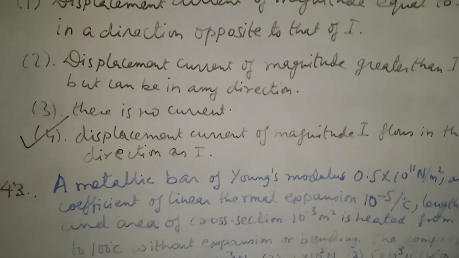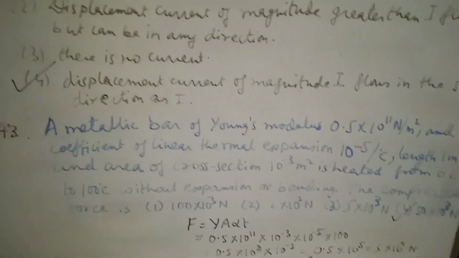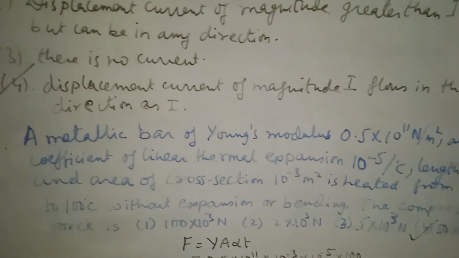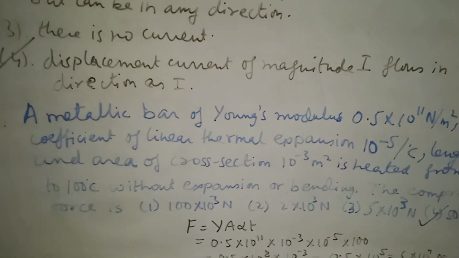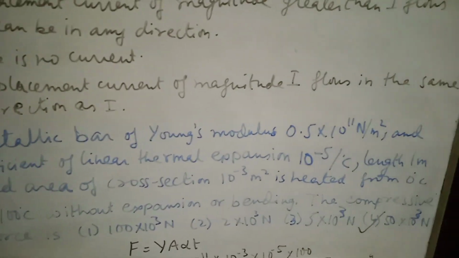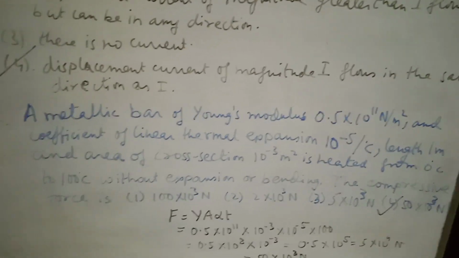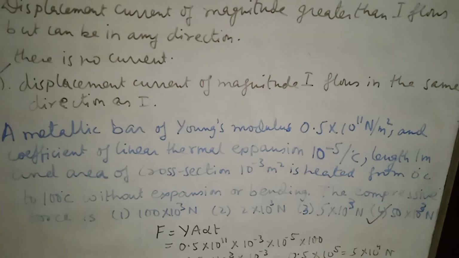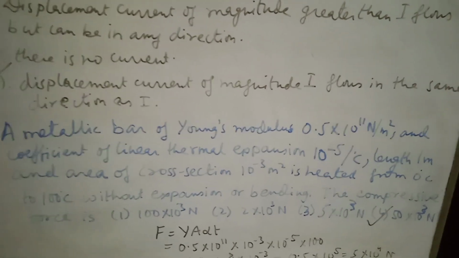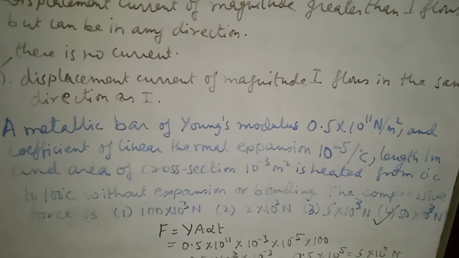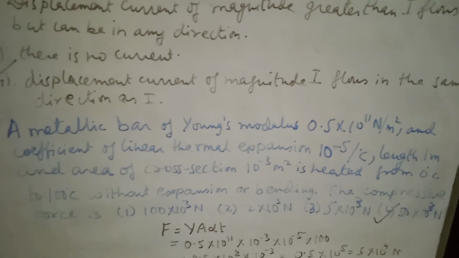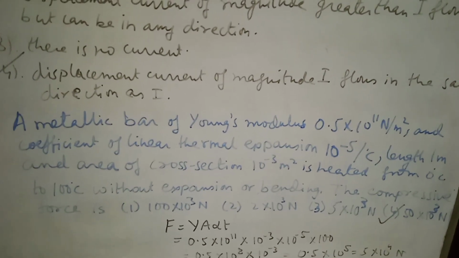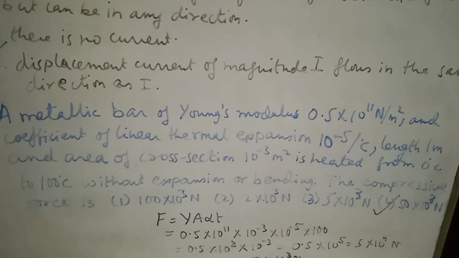Number 43. We are skipping, but again we are coming to the same point. A metallic bar of Young's modulus 0.5 × 10^11 newton per meter square and coefficient of linear expansion 10^-5 per degree centigrade, length 1 meter and area of cross section 10^-3 meter square, is heated from 0 degrees centigrade to 100 degrees centigrade without expansion.